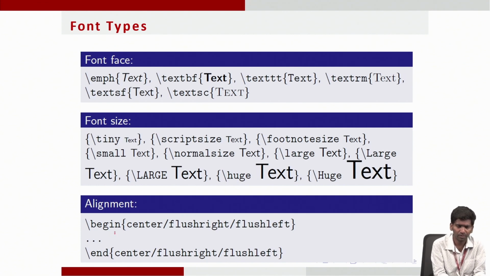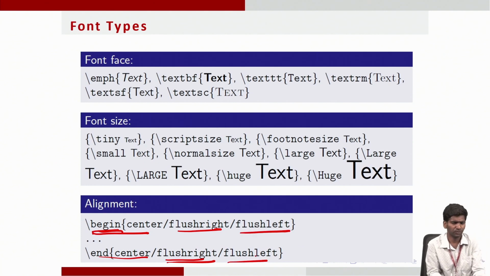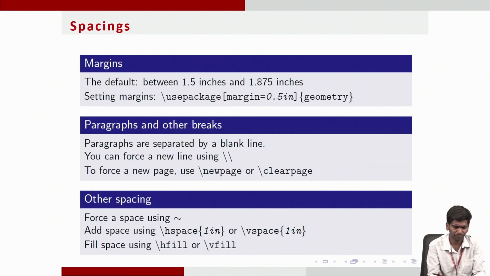If you want your text, or any image or table, to be in the center, begin center, end center. In between these two, you can insert your table, your image, or your text. If you want all the data on the right side, I can use begin flushright, end flushright. If you want it on the left side, begin flushleft, end flushleft. So these are the alignment tags.